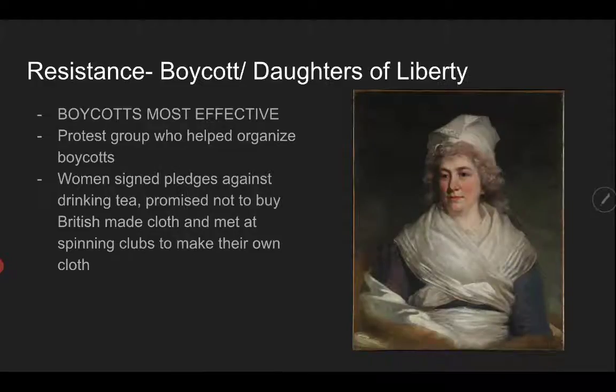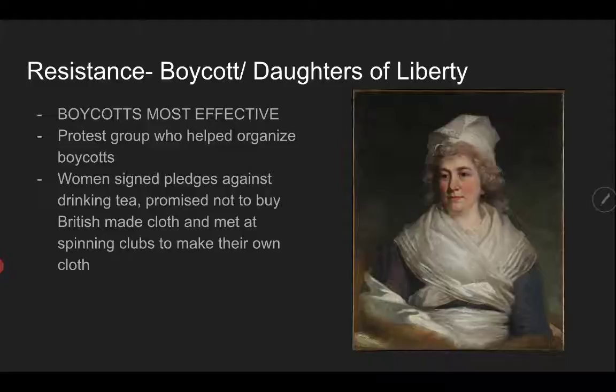Probably what people say was the most effective form of resistance was the boycott. You have to imagine in this mercantilist policy, the colonists are supposed to be good colonists and buy their teapots. They're supposed to buy their tea. They're supposed to buy all these nice little things from England so that England can make her money. Now, one of the things that especially women, or the Daughters of Liberty, are going to do is they are not going to be the people usually out in the streets hanging people in effigy.